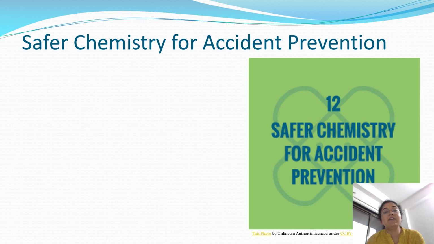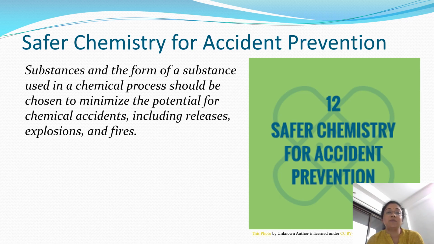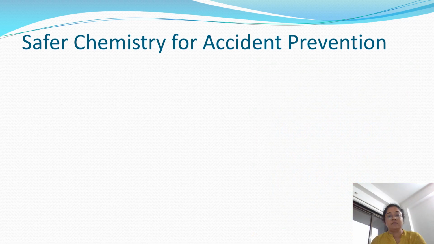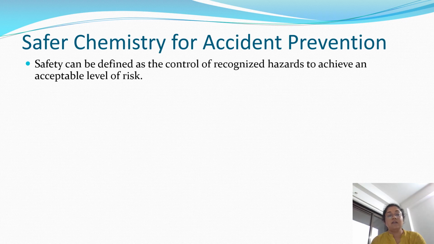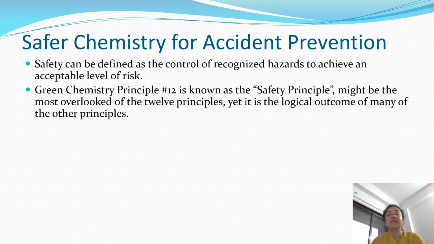Then there is safer chemistry for accident prevention. Obviously, the way we design our processes should be such that they are hazard free. They should be chosen such that they minimize accidents. Safety can be defined as the control of recognized hazards to achieve an acceptable level of risk.